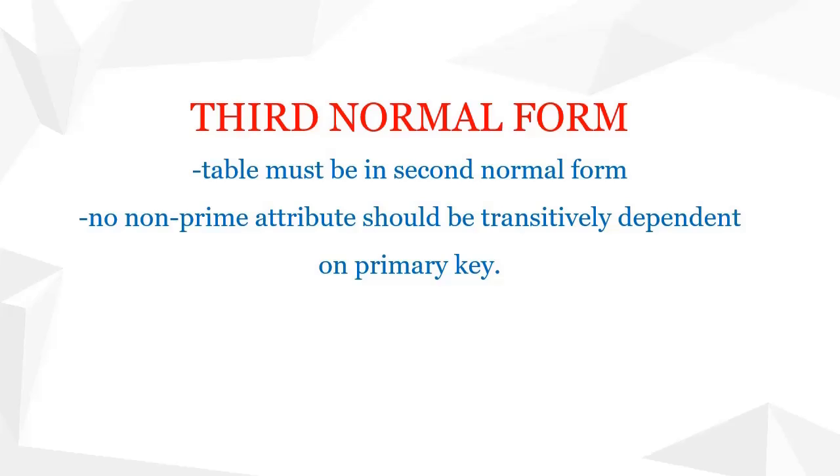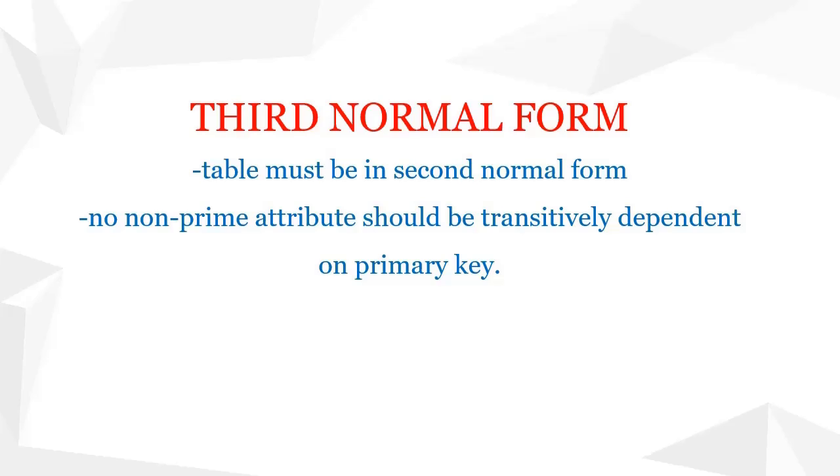In third normal form also, every non-prime attribute should be completely dependent on primary key attributes, and additionally no non-prime attribute should be dependent on another non-prime attribute. In second normal form, a non-prime attribute can also be dependent on another non-prime attribute. The main rule is that every non-prime attribute should be completely dependent on the primary key attributes. That is the second rule.